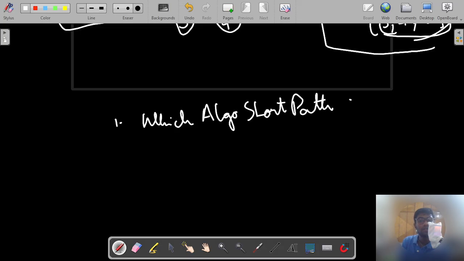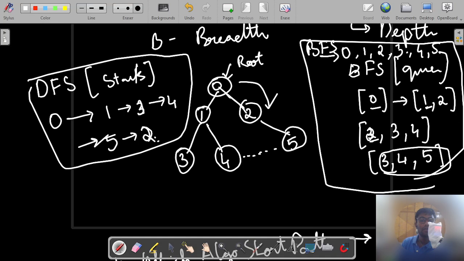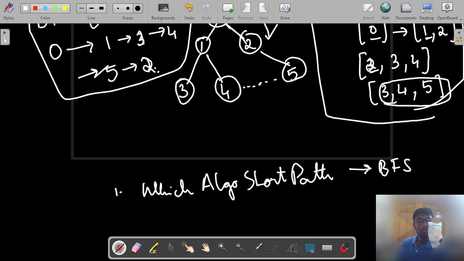It's BFS, because if you see, DFS goes through all the nodes and it might take a very long path to reach 2, right? While BFS obviously goes through level order and this would directly come here.